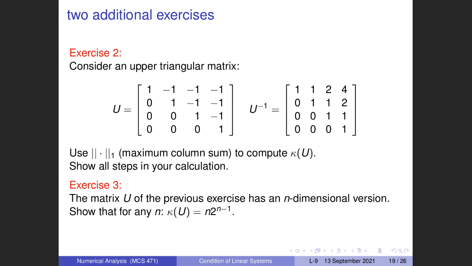Exercise 3 generalizes this. So you can see the 4 in the example here is 2 to the power 2, and the 2 is 4 minus 2. And this is actually quite general. So your given matrix has extremely nice numbers, but your inverse has very large numbers.